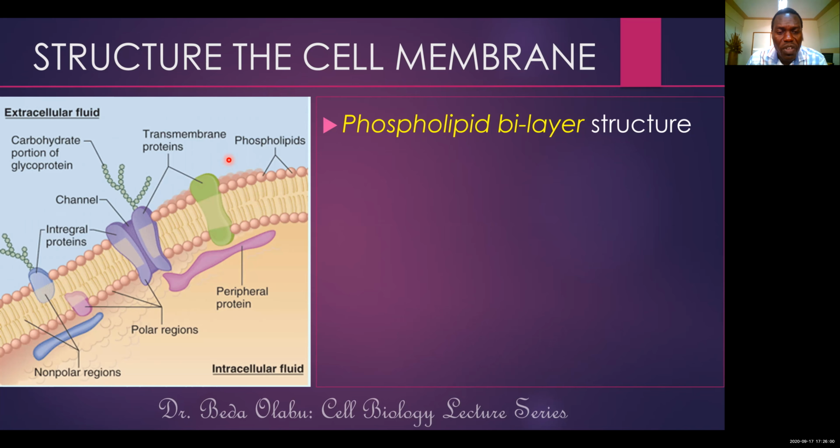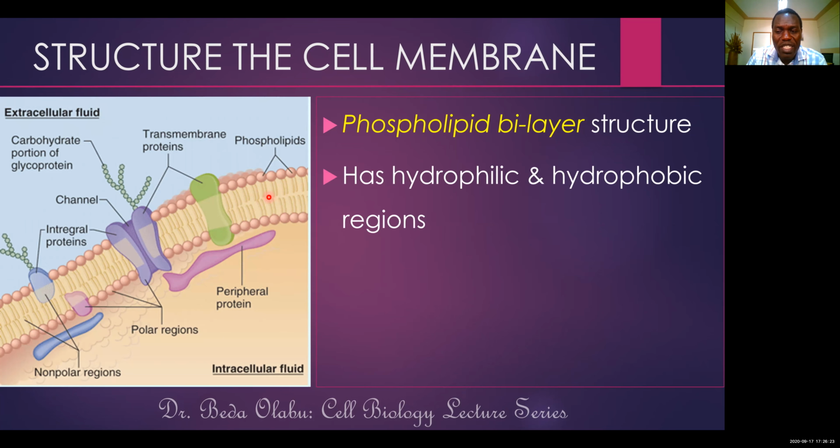This is a watery environment outside the cell, and this is the watery environment within the cell. The fatty acid chains are hidden away from the watery environment. Because the fatty acid chains are hidden out of the watery environment, this region of the cell membrane is therefore described as being hydrophobic.